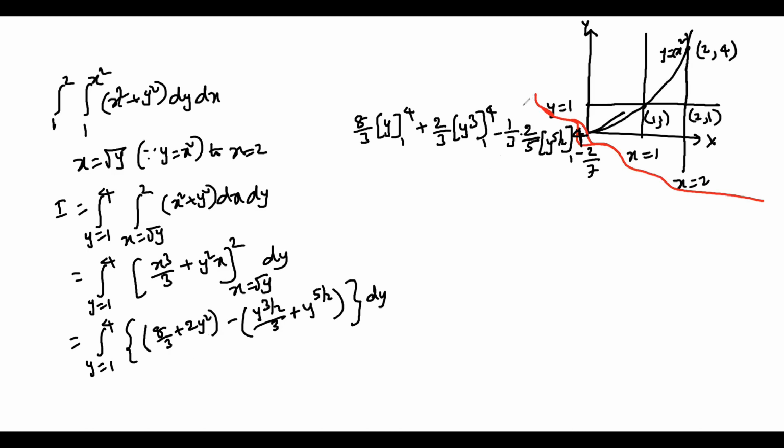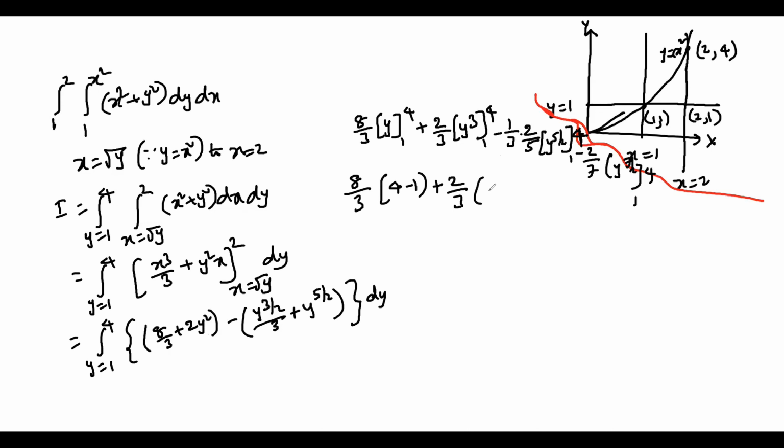So 1 to 4 again substitute, minus 1 by 3, 2 by 5, y power 5 by 2, 1 to 4, substitute. 2 by 7, here y power plus 1 means 7 by 2. So y power 7 by 2, again 1 to 4.